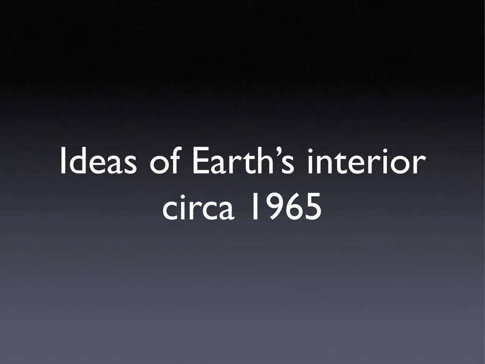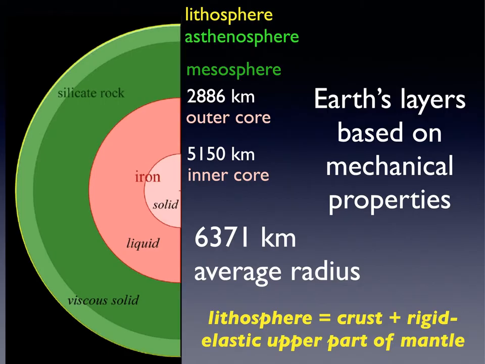As we move closer to the present, we have a slightly different version. It's not that the first version was incorrect, it's just that we know more details now. And so the part that is important to our discussion today is that we still have the outer crust, which comes in two varieties. There's a continental crust and an oceanic crust.